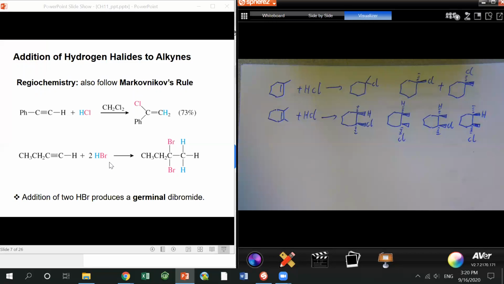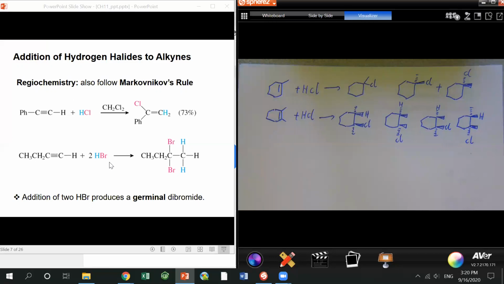All right, so that's the first reaction under mechanism one. The second reaction is the addition of the halide to an alkyne, so not an alkene, an alkyne. For addition to an alkyne, the regiochemistry still follows the Markovnikov rule. It really depends on how many equivalents of HX.